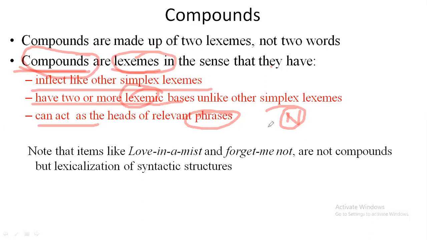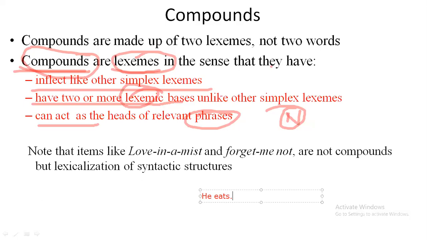In the sense that, like simple lexemes, we are going by the term lexeme, okay? Not the word. For example, I want to show you one sentence, if you are confused here: he eats. Here, eat is one lexeme, right? And eats is the inflected form of it, so there is inflection.